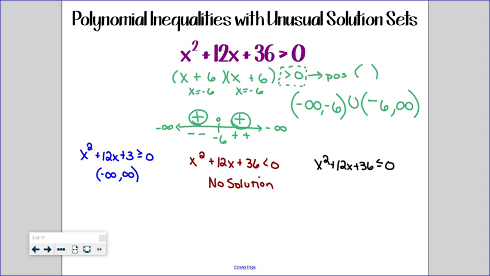Where is this one negative or 0? Because it asks where it is also equal to 0, there is one place that this one does work, because it is equal to 0 at negative 6. So at that one location, that problem would be true because it does equal 0 there, and the sign right here says it can equal 0.